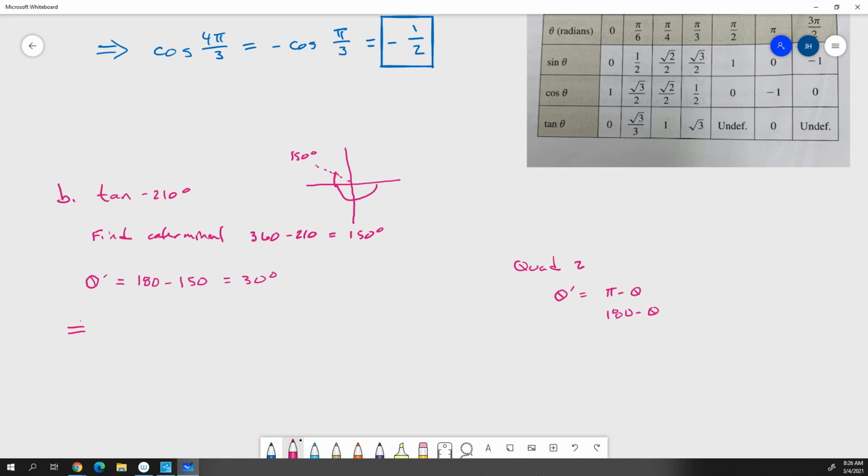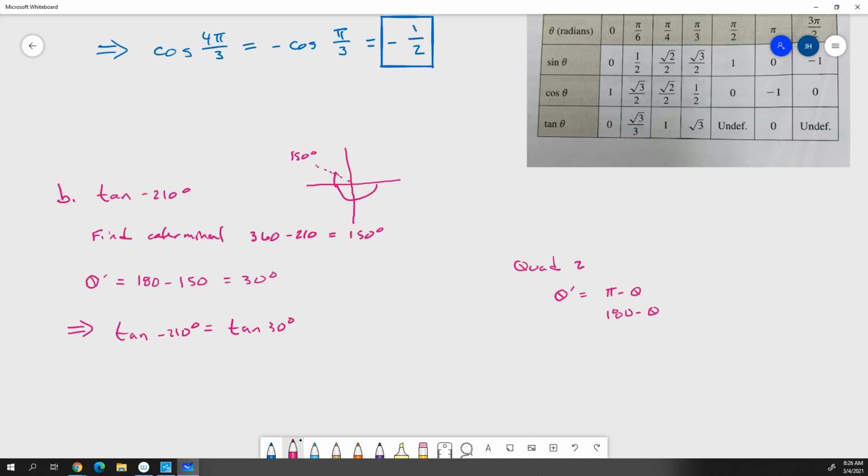So we could write this as the tangent of 150, or negative 210, negative 210 degrees equals the tangent of 30 degrees.